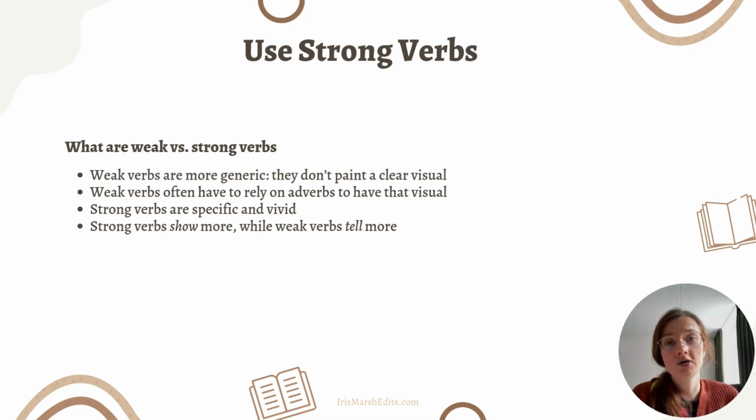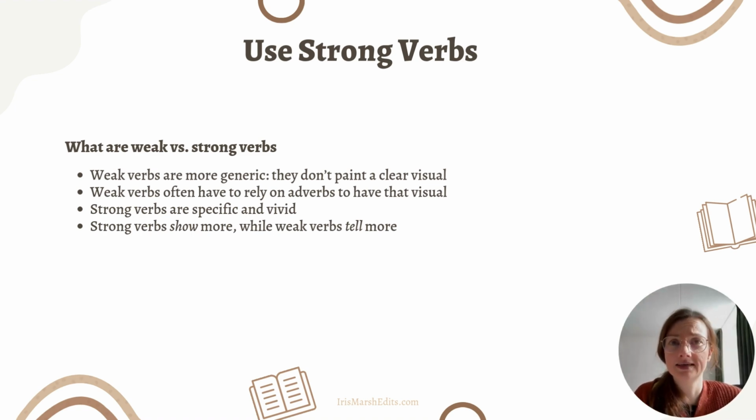Which is why you can often recognize weak verbs by adverbs. Because to create that visual, you use adverbs, like walking slowly, or walking stealthily, or walking fast, stuff like that.